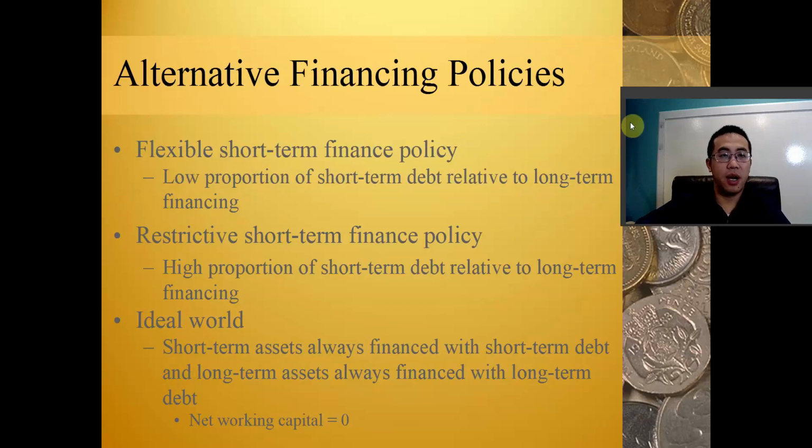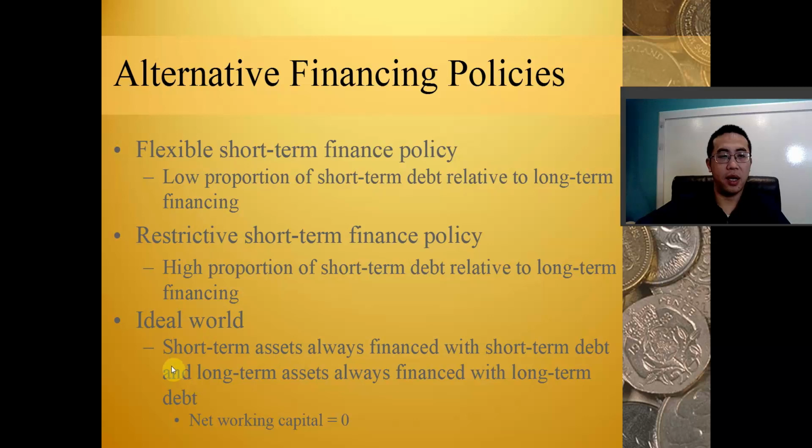So, alternative financing policies here. Basically, I have explained some of them. In a flexible short-term finance policy, you have a low proportion of short-term debt relative to long-term debt. And in the restrictive, you have a high proportion of short-term relative to long-term. So in the ideal world, we can't say flexible is superior or restrictive is superior.